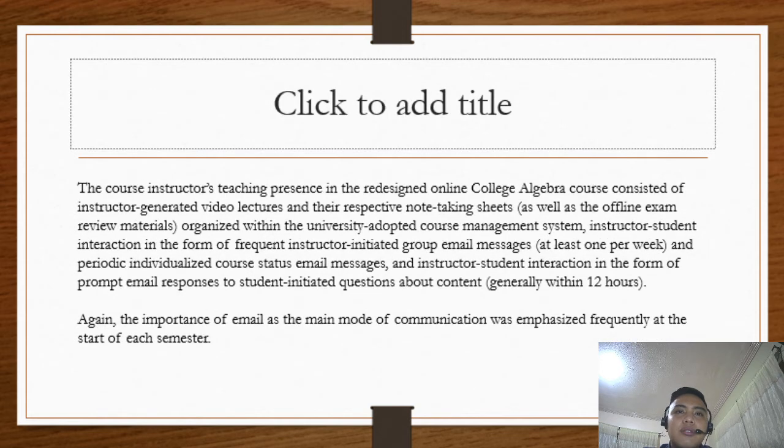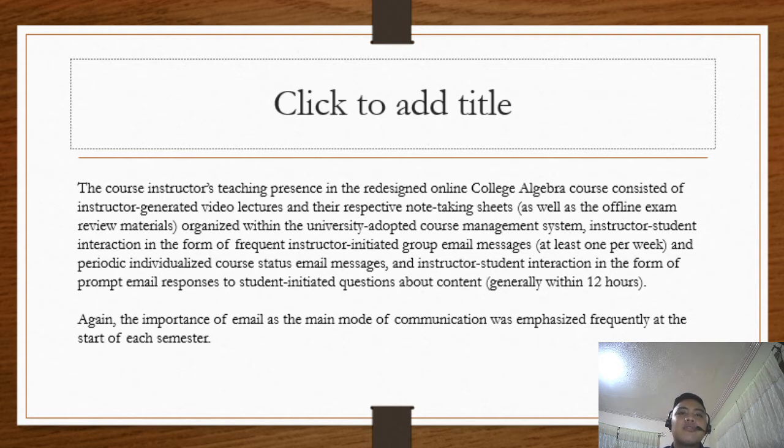Next, the course instructors' teaching presence in the redesigned online college algebra course consisted of instructor-generated video lectures and their respective note-taking sheets, as well as the online exam review materials organized within the university-adopted course management system, instructor-student interaction in the form of frequent instructor-initiated group email messages at least one per week, and periodic individualized course status email messages, and instructor-student interaction in the form of prompt email responses to student-initiated questions about content, generally within 12 hours.